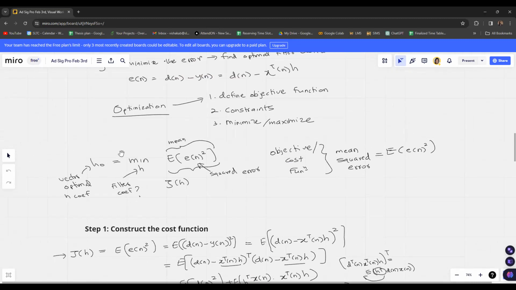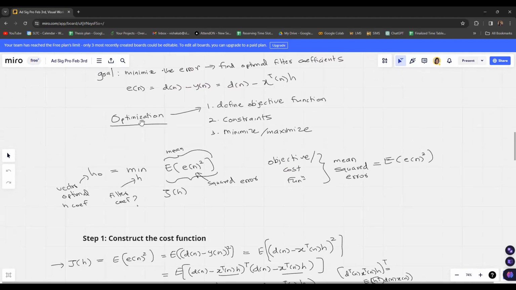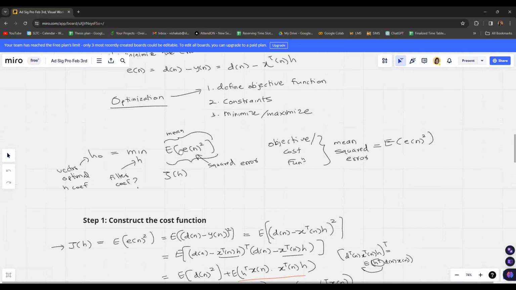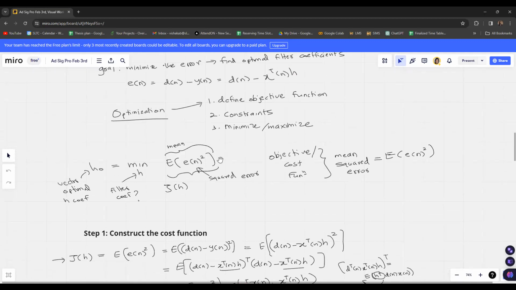Now we have to develop an optimization algorithm that will minimize the error as much as possible under certain constraints. In order to minimize this error value, we are considering an objective function, which is the average value of the error. But we are also considering the square value of the error in order to make sure that we are considering only positive values of the error.